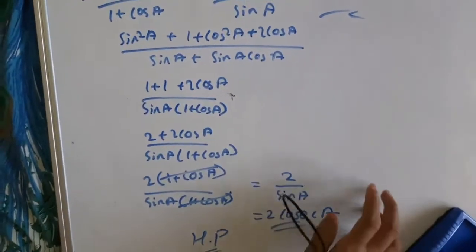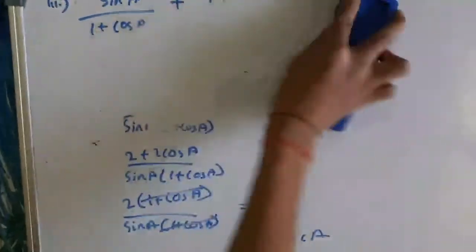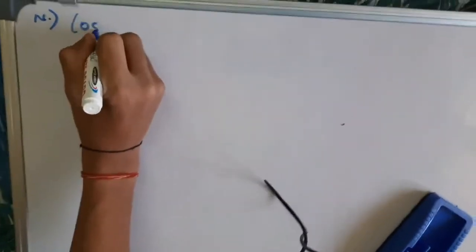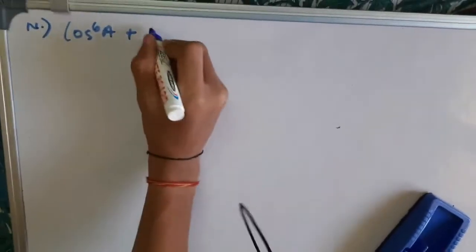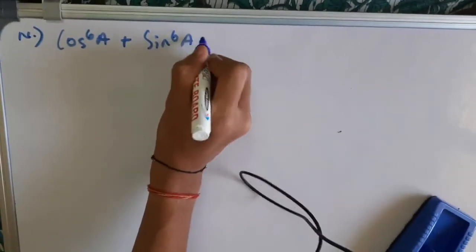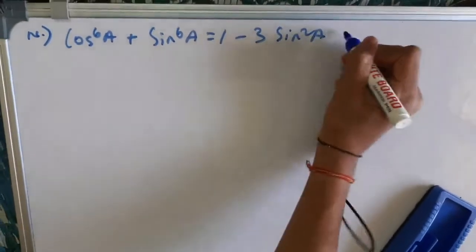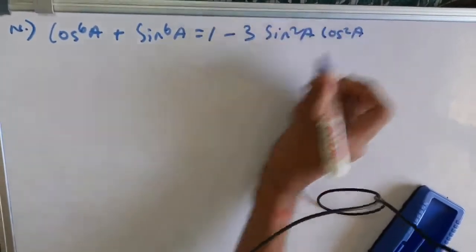So now we would move on to our next question. Our next question is cos to the power 6a plus sin to the power 6a equals 1 minus 3 times sin square a cos square a.